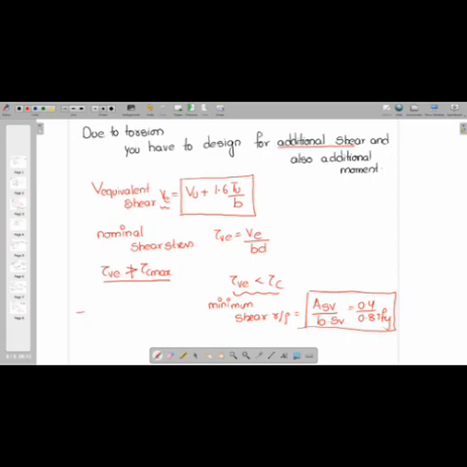Now suppose tau_v is greater than tau_c, not tau_c max. In this case you have to provide both longitudinal reinforcement and transverse reinforcement, that is, both horizontal and vertical reinforcement.